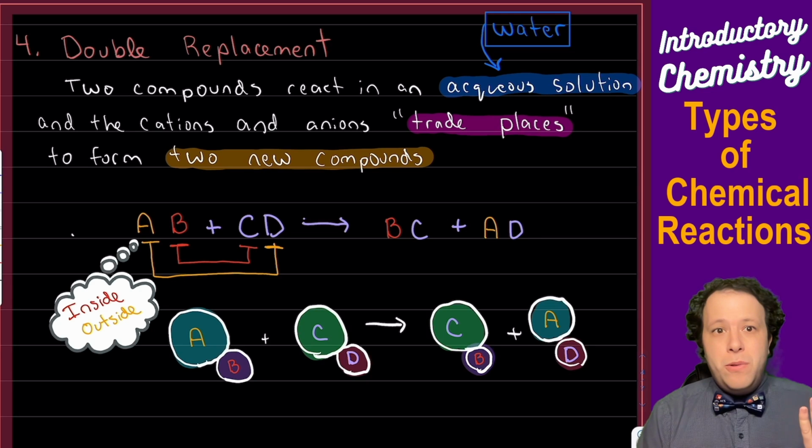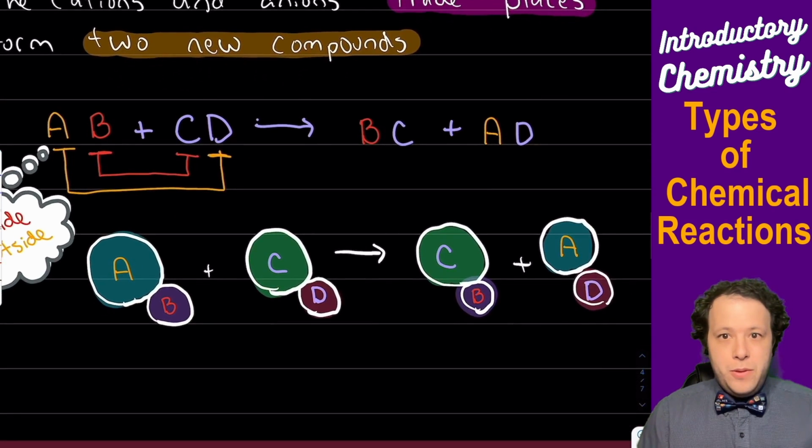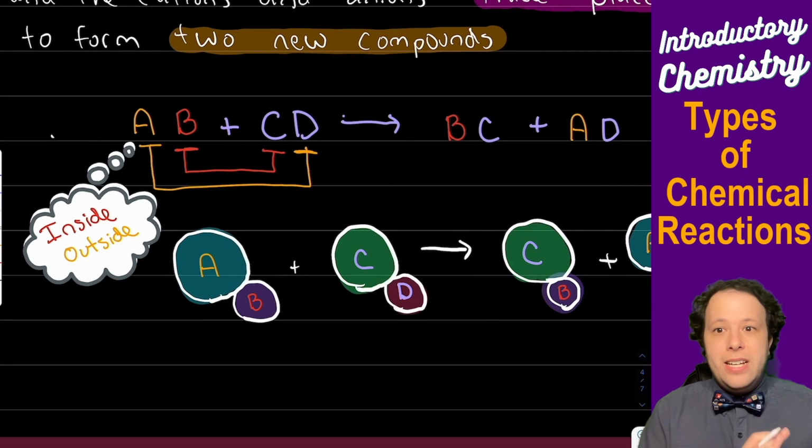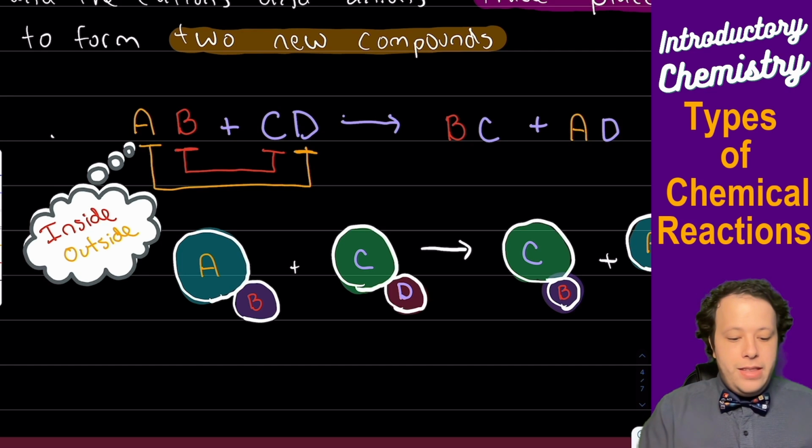Whenever we have water, the cations and the anions are going to be trading with one another. The best way to remember this one is think of inside, outside, meaning that the things that are typically cations in these, so these larger ones are cations, these two are going to be trading.